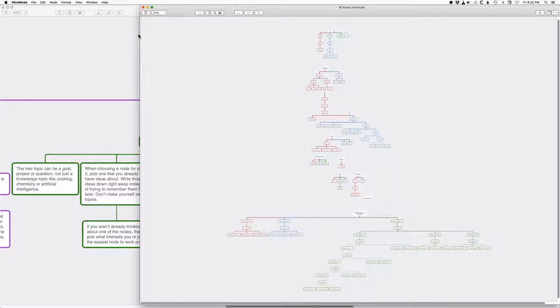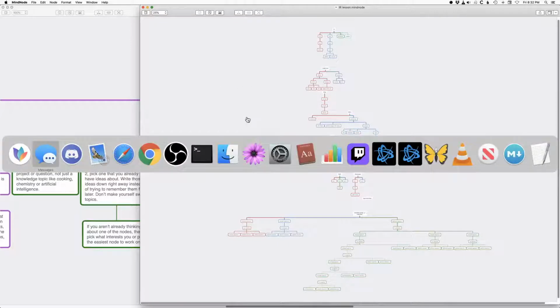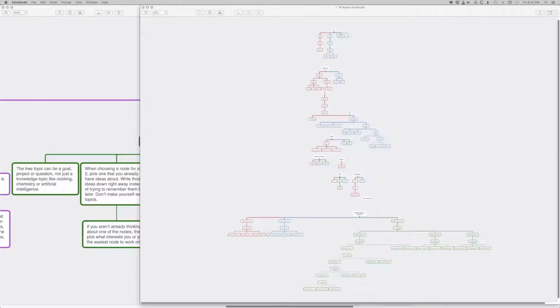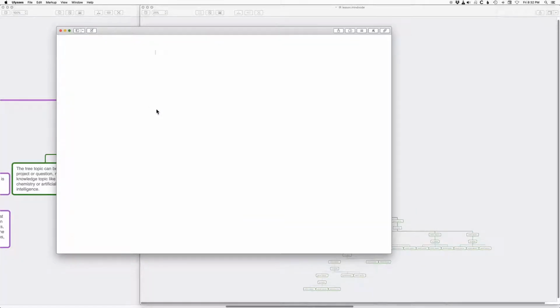So I had one more thing to say, and then I thought that we should try making some trees. So the thing is about different types of diagrams or organizing things.